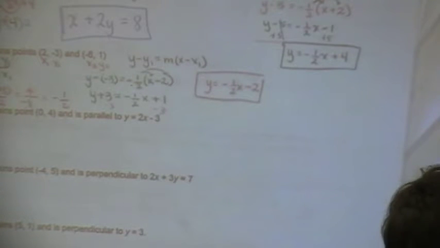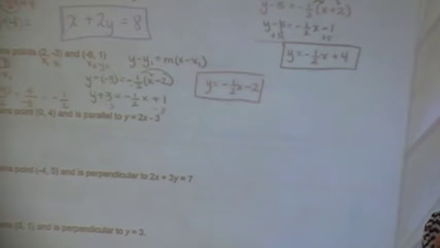Now we have to put it in slope-intercept form. So I need to subtract the 3 from both sides. So I end up with y equals negative 1/2 x minus 2. Now that's one of your answers. That's slope-intercept form. But I still need it in standard form.